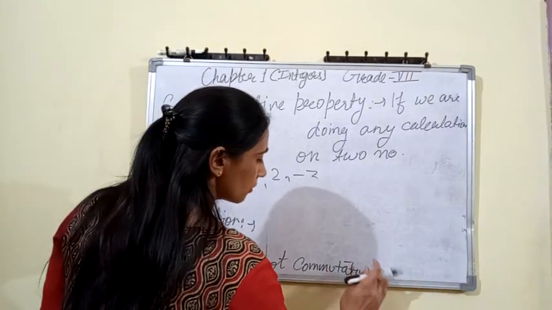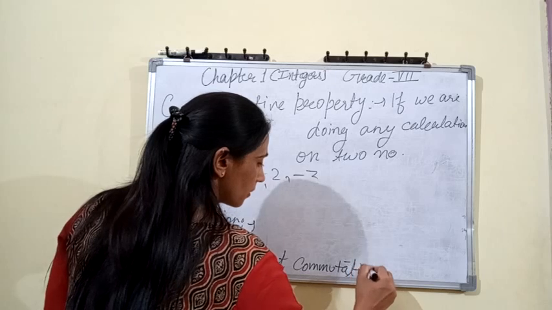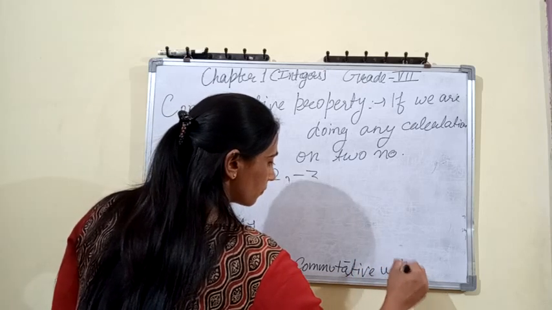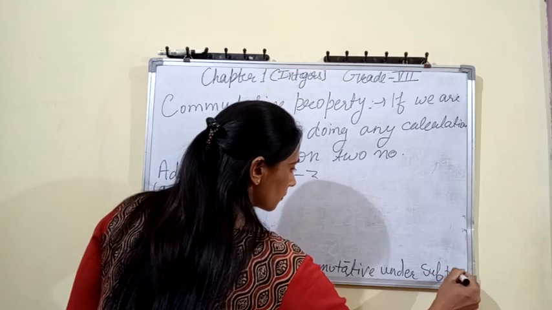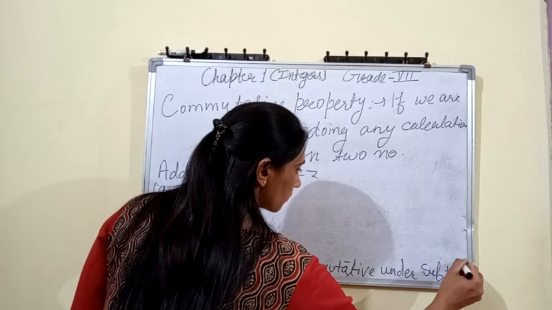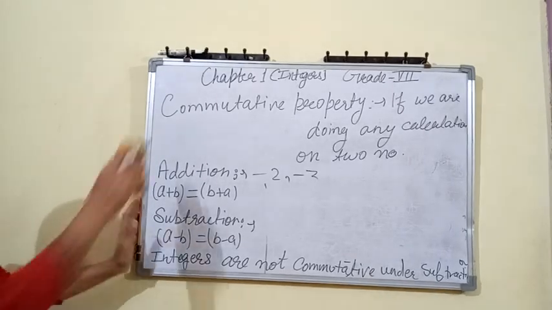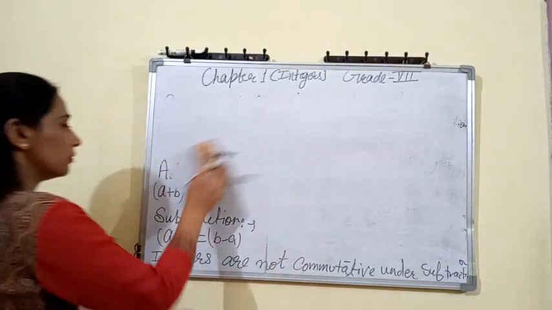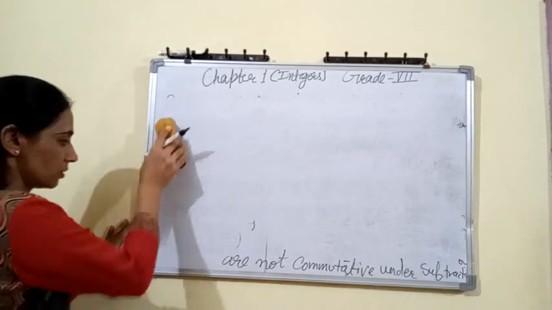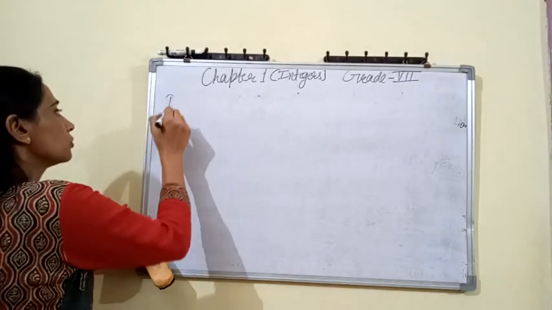Okay. So the next property is associative. What is the associative property?